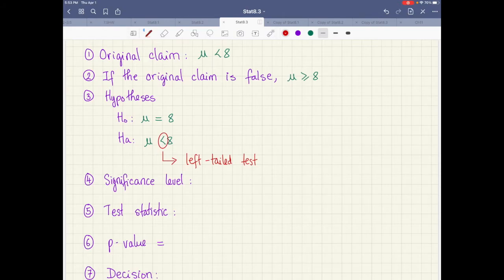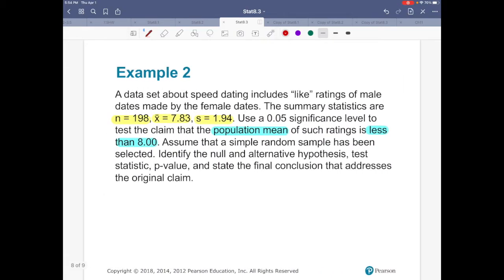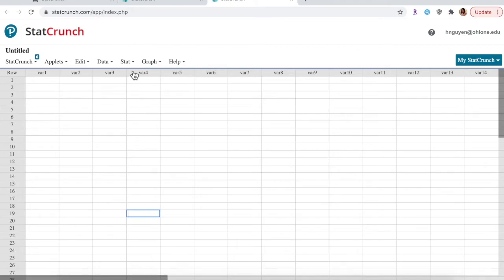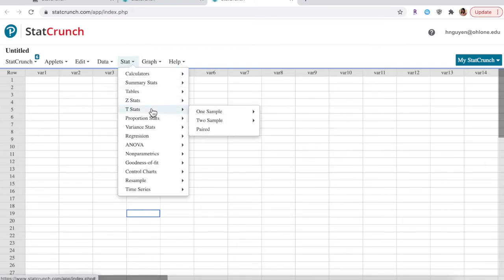For significance level, go back to the problem. They asked me to use 0.05. I will use StatCrunch to calculate my test statistic and p-value. Stat, T Stats, one sample with summary. In this problem, I don't have the raw data, but I have the summary.